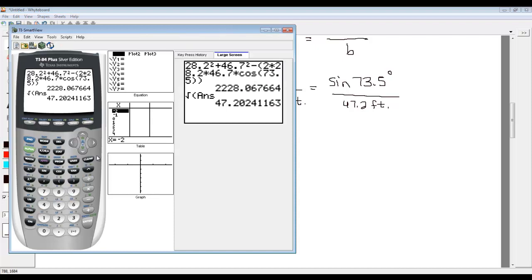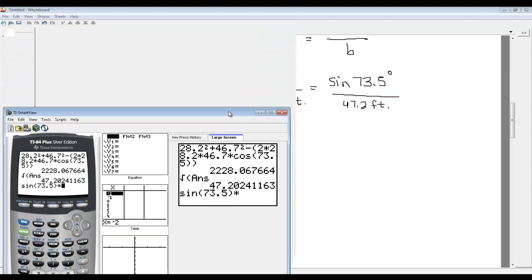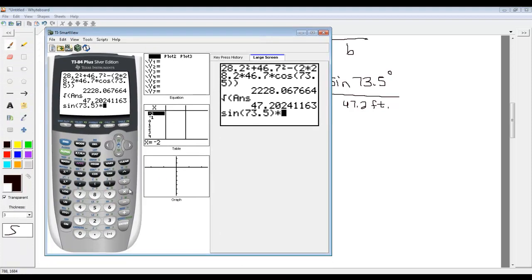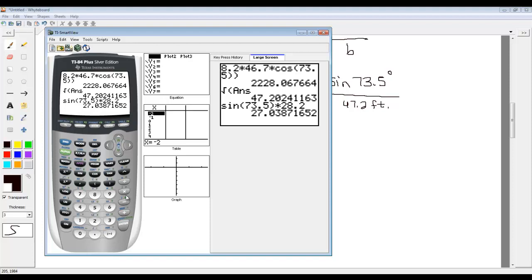Okay, so sine of 73.5. Whoops, it looks like I tapped that twice. 73.5 times the 28.2, which was provided to us, so we know that's exact. And then divided by the 47.2.